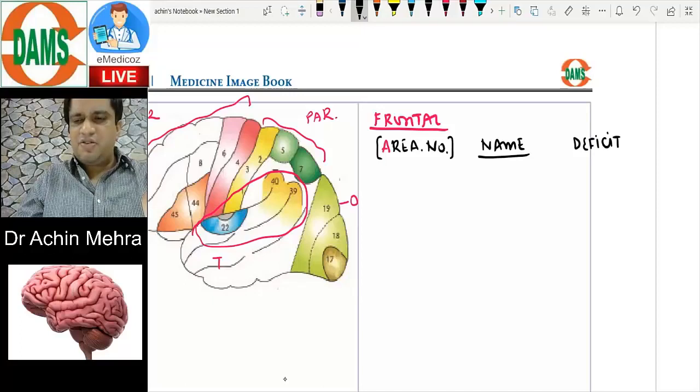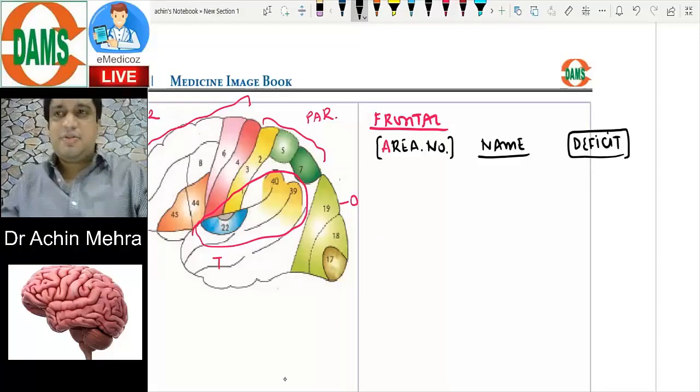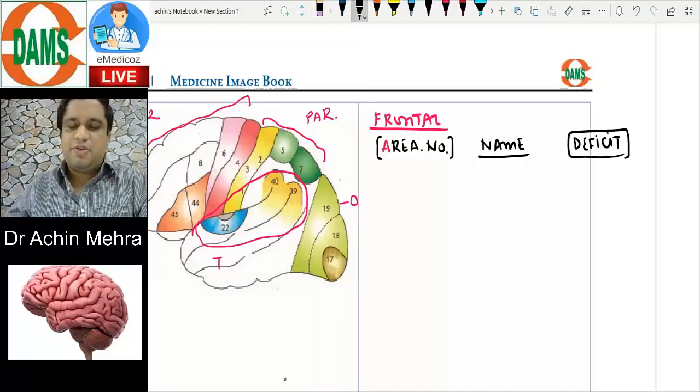So we have done this also in the classroom, but I'm intentionally not using the words area numbers, because you do all this stuff in anatomy. Let me connect this in neurology now. So we've got anatomy, we've got physiology, and then we have got a deficit.